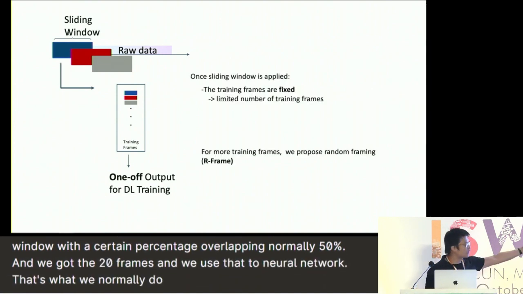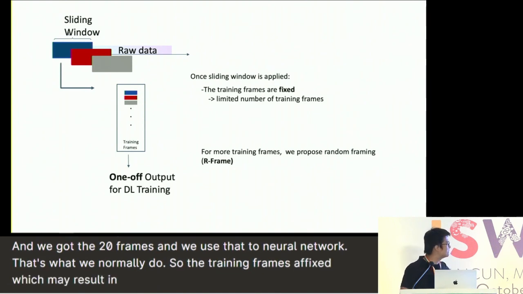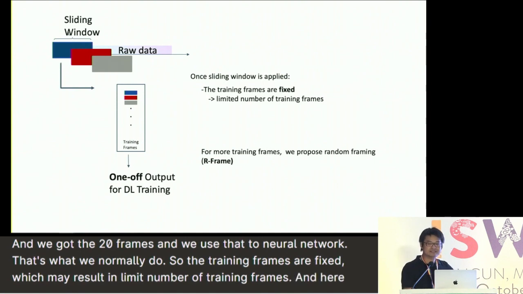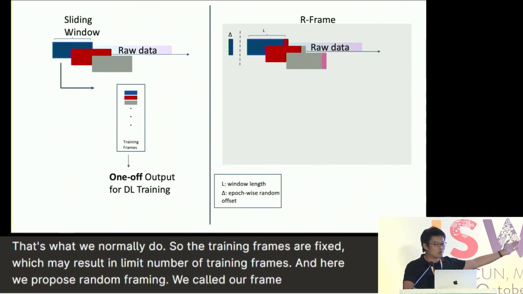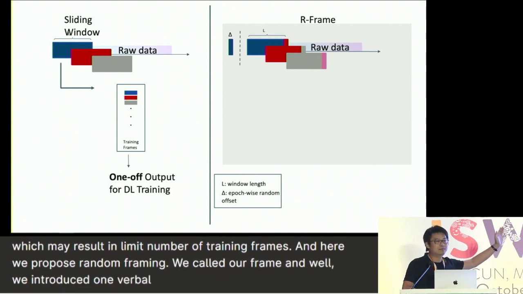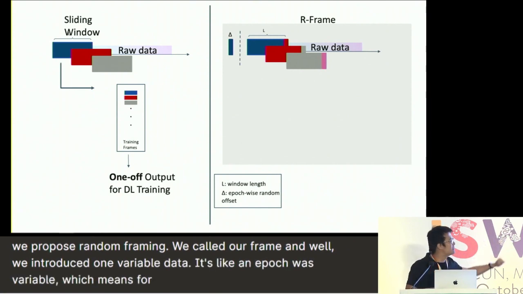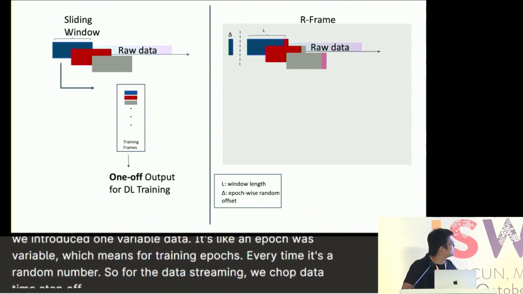The training frames are fixed, which may result in a limited number of training frames. Here, we propose random framing. We call it R-frame. We introduce one variable, delta. It's an epoch-wise variable, which means for each training epoch, it's a random number. For the data stream, we chop delta time steps off, and then we apply the sliding window.